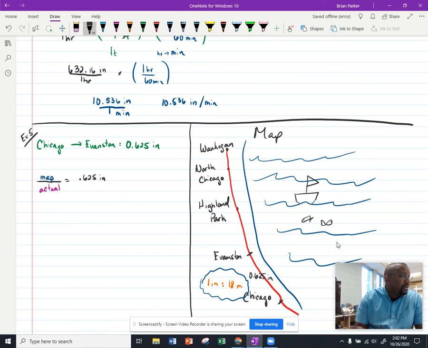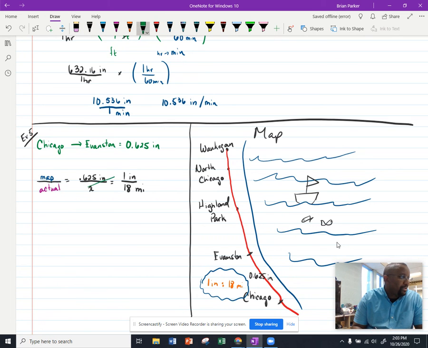How far is it actually? Well, I actually don't know. But I do know that, according to the map, for every 1 inch you see, you can consider that 18 actual miles.